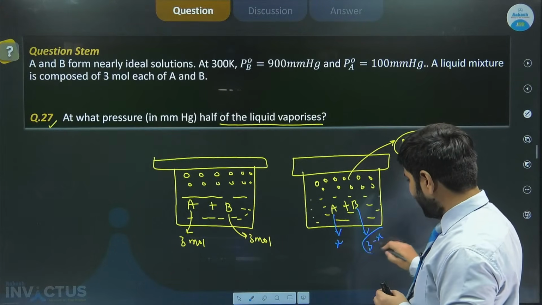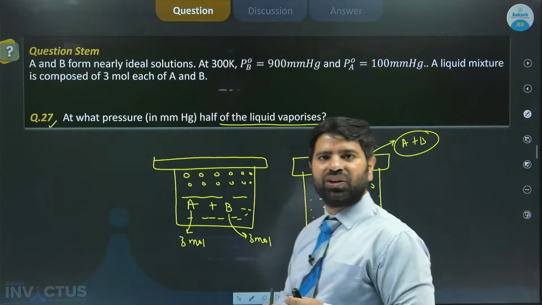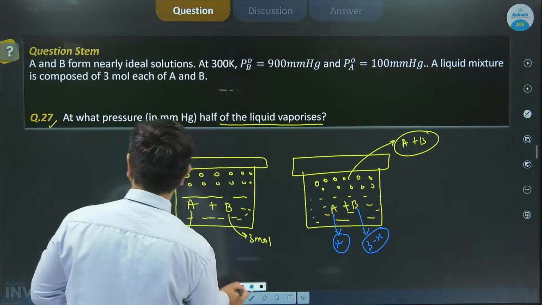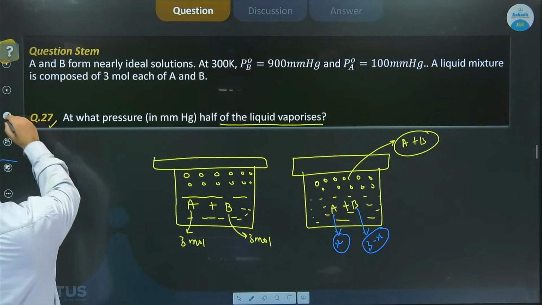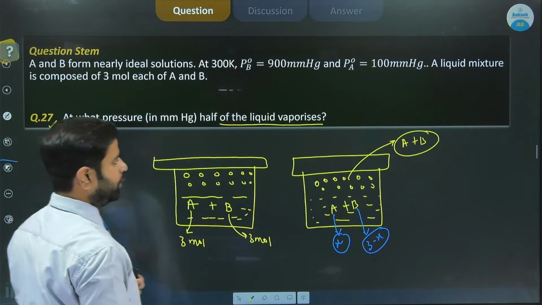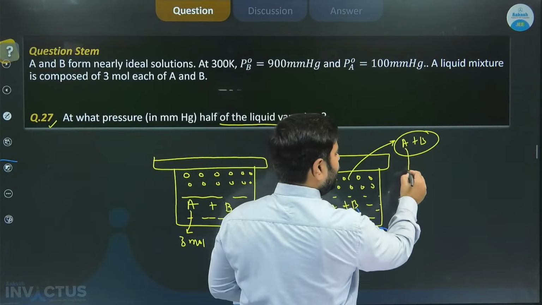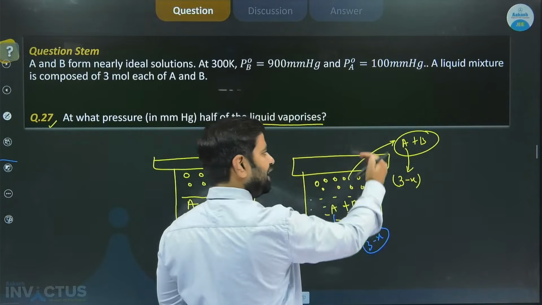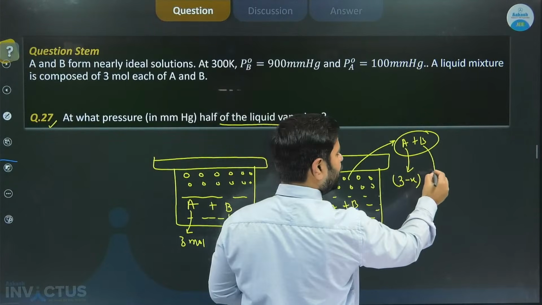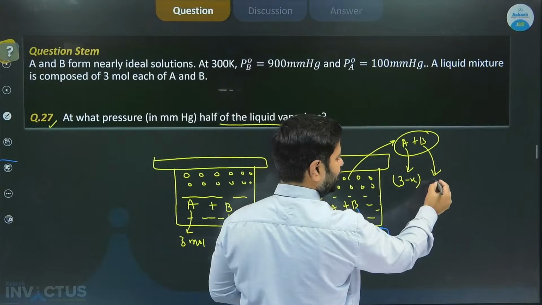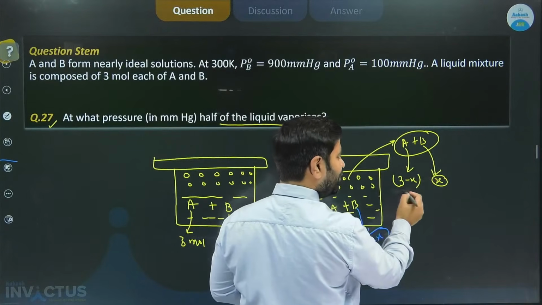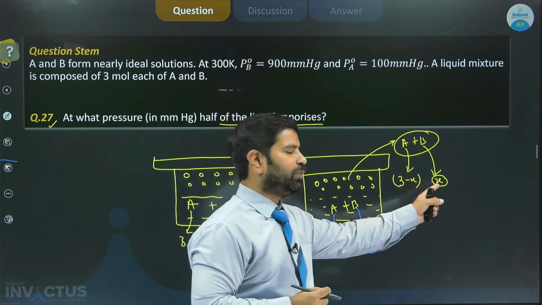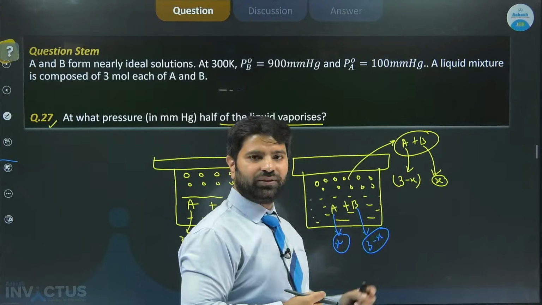That will be 3 minus X, as the total moles in the liquid mixture would be equal to 3. Now, in the vapor phase, 3 minus X moles of A is vaporized. And the moles of B in the vapor phase will be equal to X, as the sum of moles in the vapor phase is 3. 3 minus X plus X is 3.